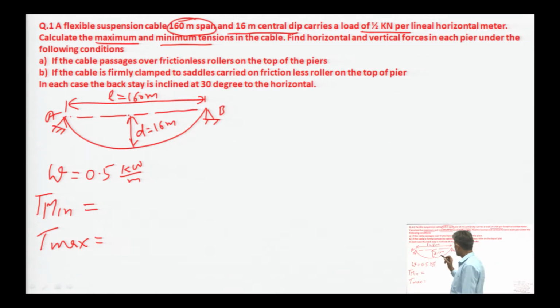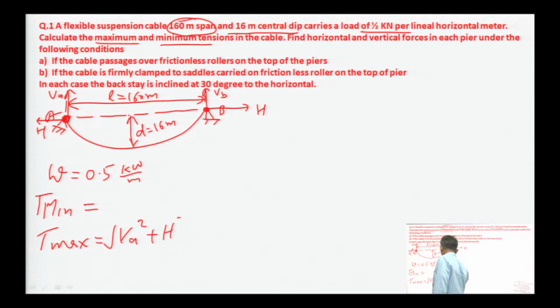T max, I told you in the previous class that at point A there is support action V A and horizontal thrust H, and at point B horizontal thrust H and vertical action V B. At these 2 points A and B, the tension in the cable will be maximum, and that value is either square root of V A square plus H square or V B square plus H square.